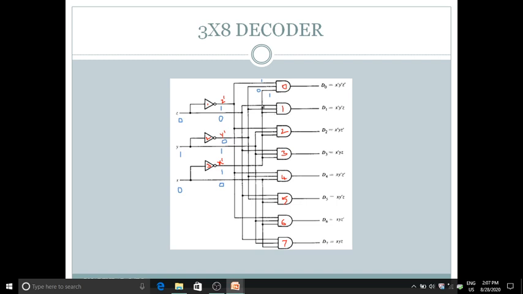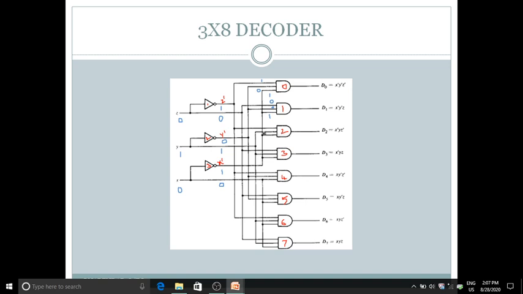For AND gate 1, one of the inputs is z, and it is equal to 0. The second input is y bar, which is also equal to 0. And the third input is x bar, which is equal to 1. So these are the inputs for the first AND gate.